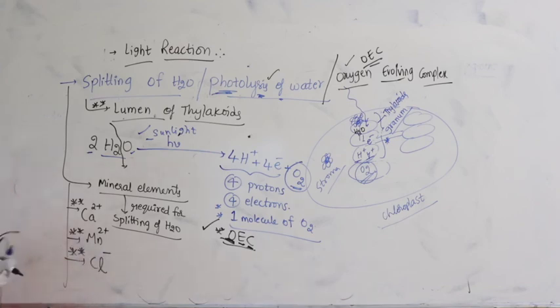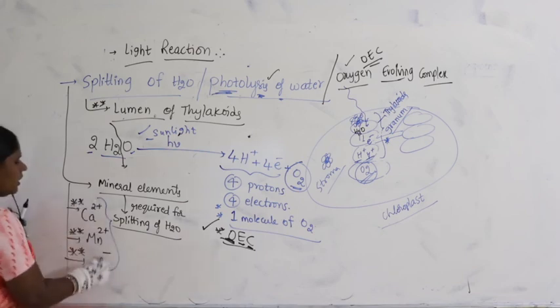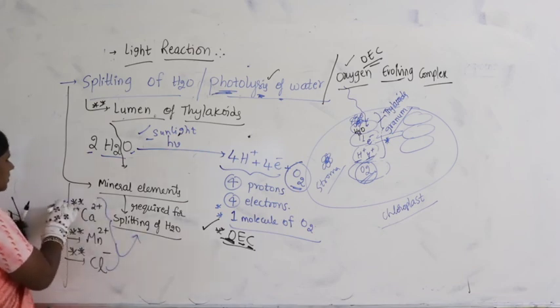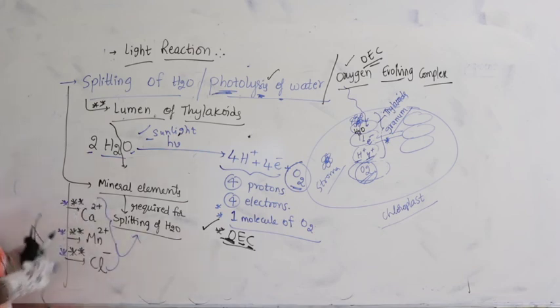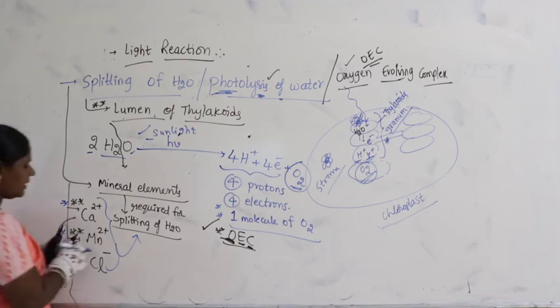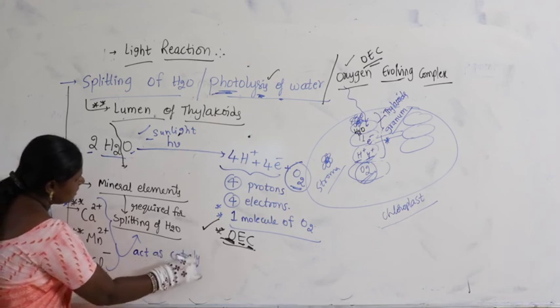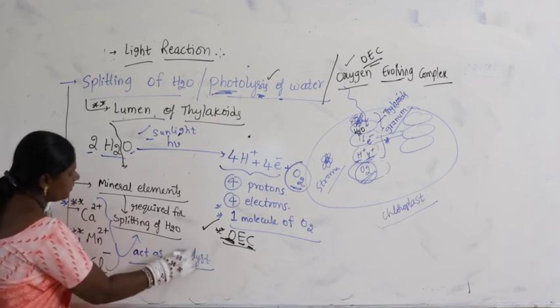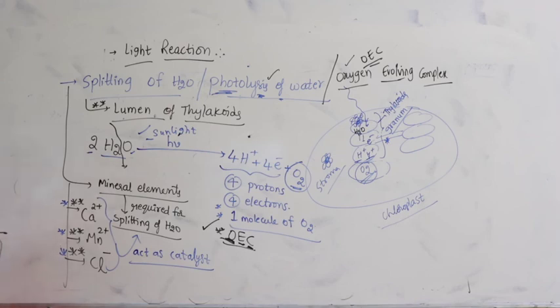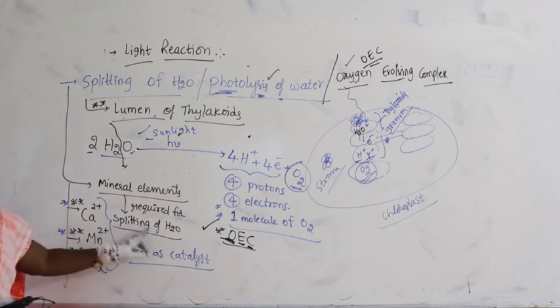Which mineral elements play a very important role in the splitting of water, this you have to remember. What are they? Calcium, manganese and chlorine. So these minerals act as catalyst in the splitting of water. Very important. Calcium, manganese, chlorine act as catalyst in the splitting of water.